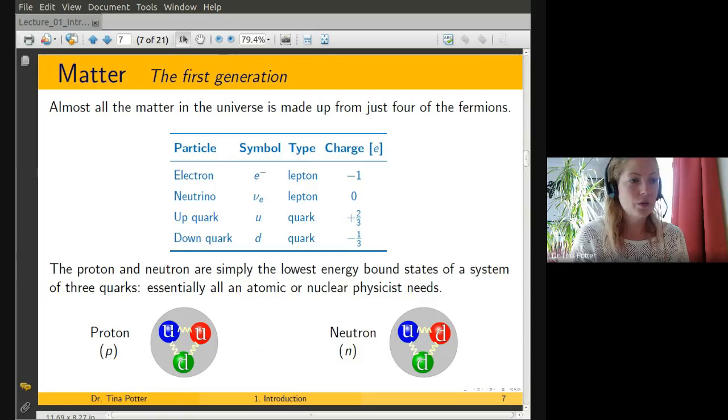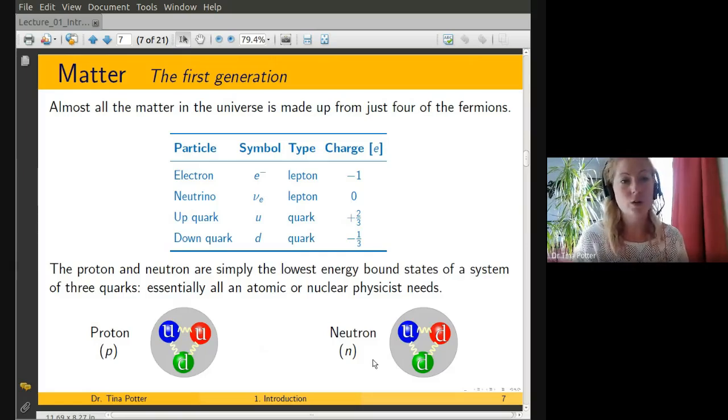So as I said, for a proton, we've got 2 ups and a down quark. That's 2 quarks of charge plus 2/3 and a quark of minus 1/3, giving us an overall charge of plus 1. And then the neutron is 2 down quarks and 1 up quark, giving us an overall neutral charge. There's a few of these bound states that you'll need to learn the quark content of, and I would expect you, certainly by the end of the course, to be very familiar with what a proton and a neutron are actually made up of.